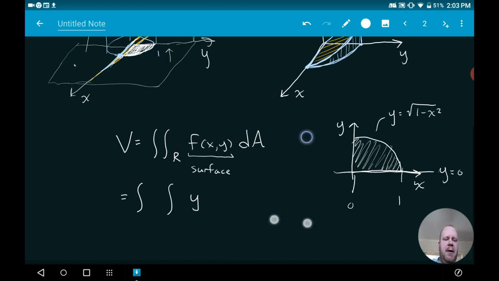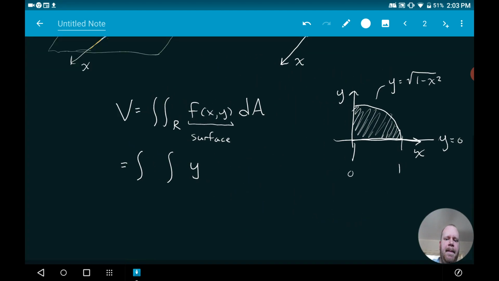So that would be one way to do it. Right, so functions on the inside, y is in between 0 on the bottom, square root of 1 minus x squared on top, and x is in between 0 and 1. So I suspect that you could do it this way.